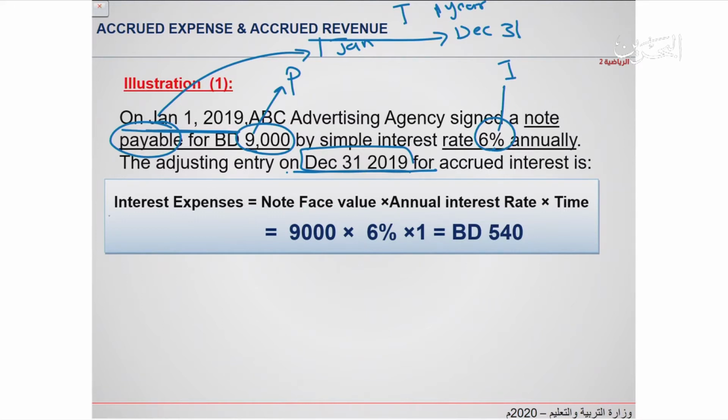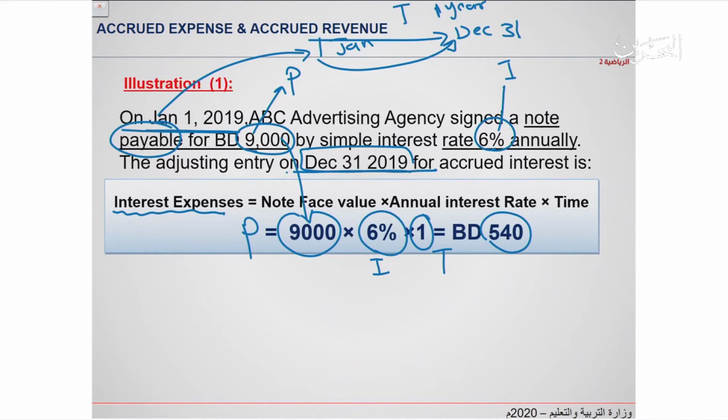So, how to calculate the interest expense? I take the 9,000, this is the principal, this is the P. 6%, it is the I. 1 year, it is the T, because from 1 January until December 31, you get 540.